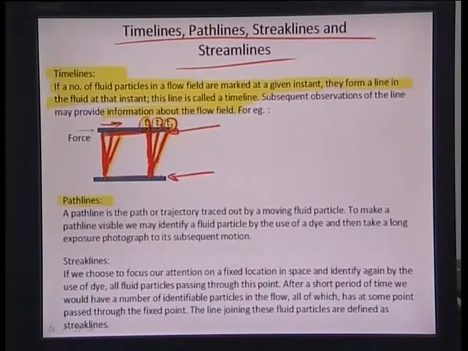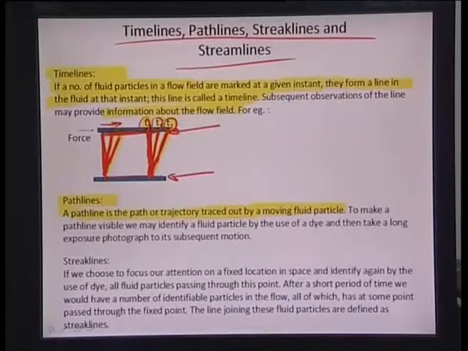What are path lines? A path line is a path or trajectory traced out by a moving fluid particle. We can use identification techniques to make these path lines visible. We can introduce a small dye or an ink in water, and we can see how this ink diffuses through or across.